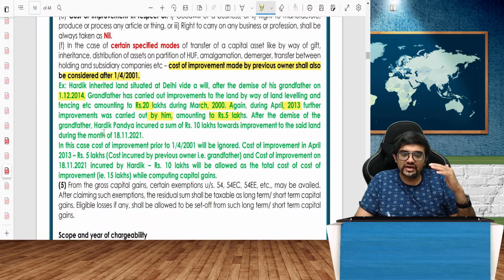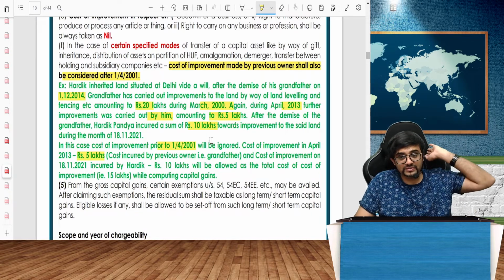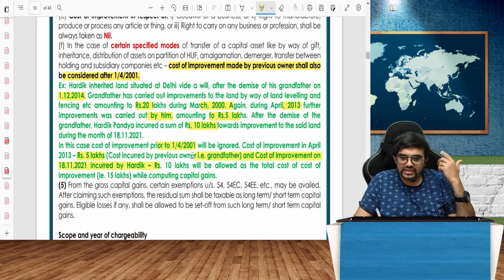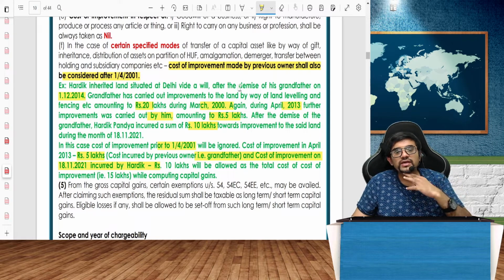After the demise of the grandfather, Hardik Pandya incurred a sum of 10 lakh towards improvement. Now you see, in this case, cost of improvement prior to 1/4/2001 should be ignored. Cost of improvement in April 2013, 5 lakhs. Though my grandfather has paid, I will get the benefit. And whatever 10 lakhs Hardik spent, that also will be taken.